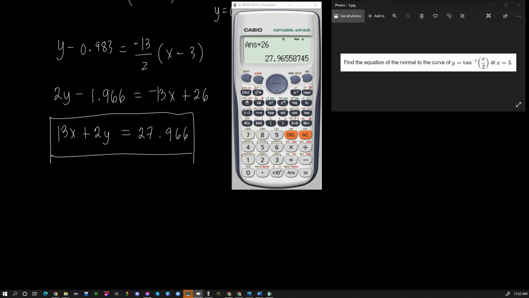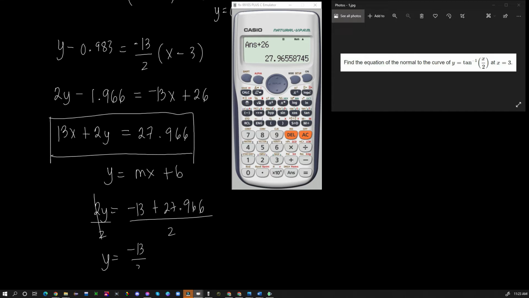Okay, or you may rewrite it in a form of y is equal to mx plus b, okay, pwede po ninyo siya isulat as ingana. So, kung gusto niyo siya isulat as y is equal to mx plus b, no? Okay, ibalhin lang nato si x sa pikas side. So, we have 2y is equal to negative 13x plus 27.966. Divide nato by 2. So, we have y is equal to negative 13 over 2, pila man ang negative 13 over 2? Negative 6.5x.